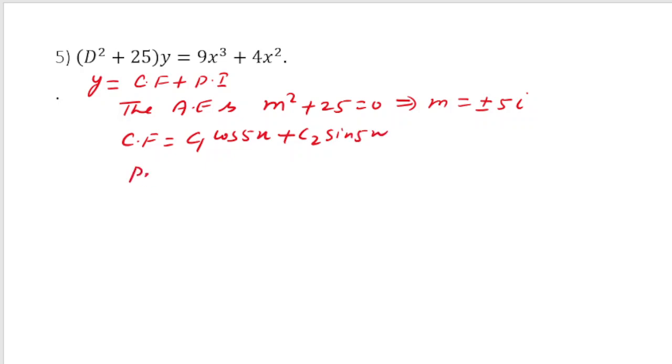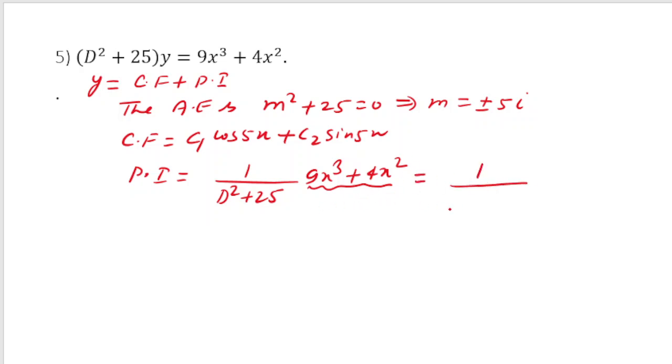And how will I find the particular integral? Particular integral will be 1 by d square plus 25 operated on 9x cube plus 4x square. So this is a polynomial function, and as you know, in case of polynomial we use the binomial expansion.